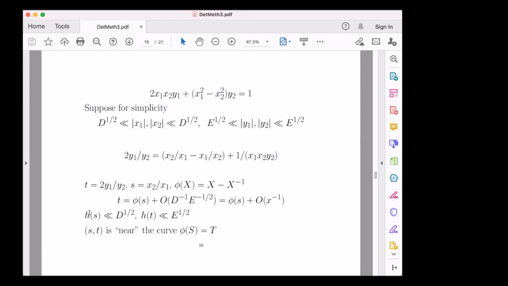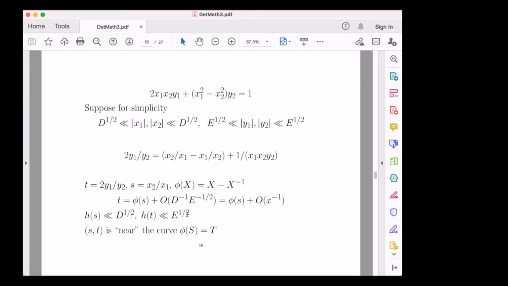So if I think of the height of s as being the maximum of the numerator and denominator of s, that's of size d to the 1/2. Similarly, if I think of the height of t as the maximum of the numerator and denominator, that's of size e to the 1/2.